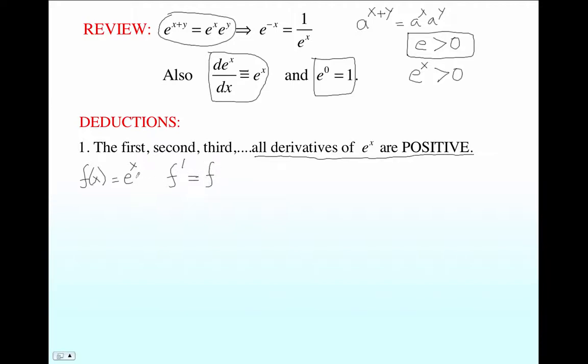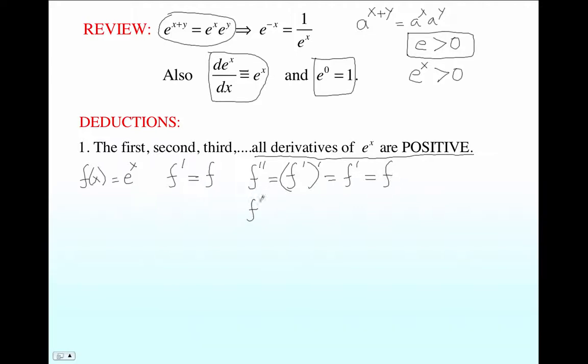In other words, if I differentiate the exponential, I get back the exponential. Now, what about the second derivative? The second derivative is the first derivative of the first derivative. The first derivative f prime is f, so f double prime is equal to f, and that's positive.